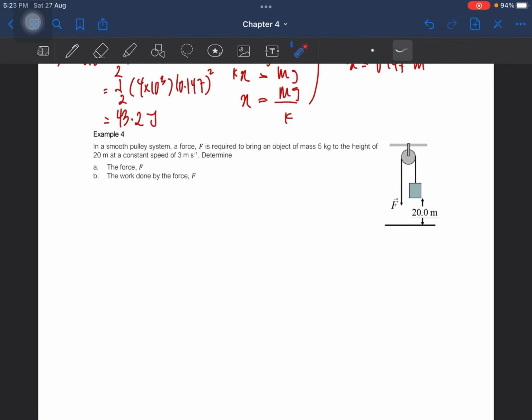Okay, so what you need to do first if you come across a question, macam mana? Biasakan diri untuk draw the free body diagram lah. Okay, I think the free body diagram really help you in solving the question lah, sebab saya rasa it's easier to see what you need to determine lah, begitu. Okay, so sekarang ni objek ni bergerak ke atas.